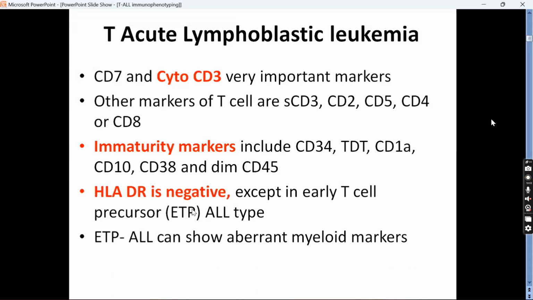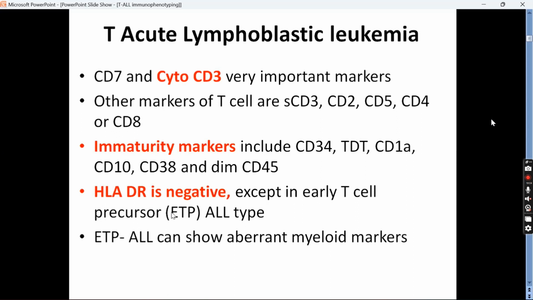They become HLA-DR negative, and other types of T-ALL like pro-T ALL, cortical T-ALL or medullary T-ALL all come after that stage. So ETP-ALL is T-ALL arising from very immature precursors, so it can show some myeloid markers as well as HLA-DR expression.